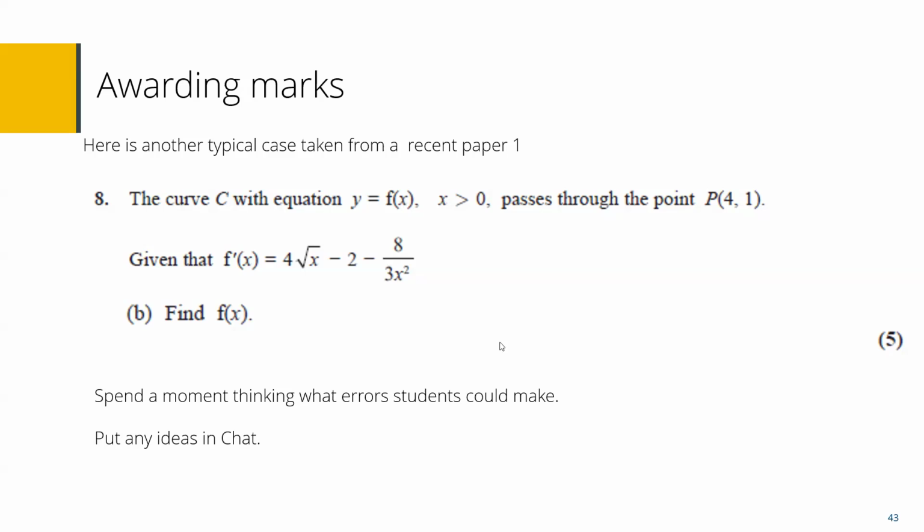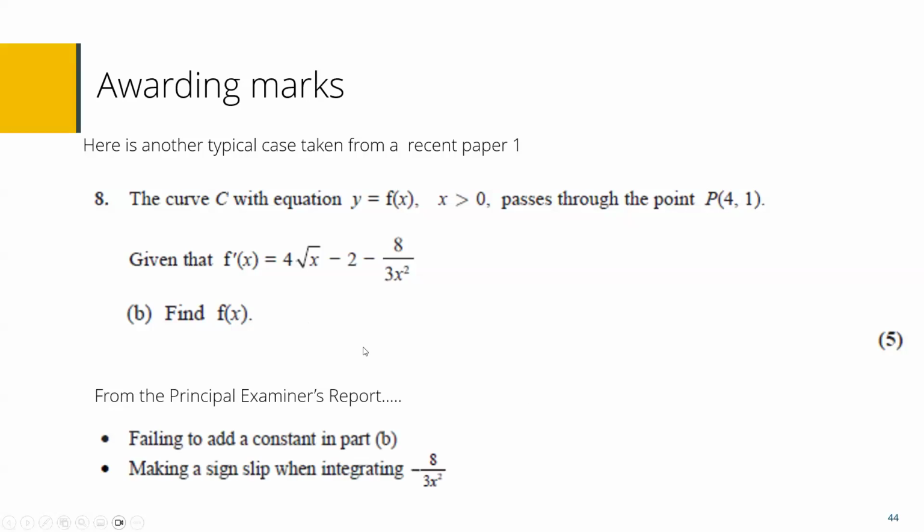But when they throw a new question every now and then with a slightly different structure, it's worth having a look at that. So, some of the points here from the principal examiner's report, similar to what you said, failing to add a constant in part B and making a sign slip with integrating here. So thank you again for your contributions within the chat.